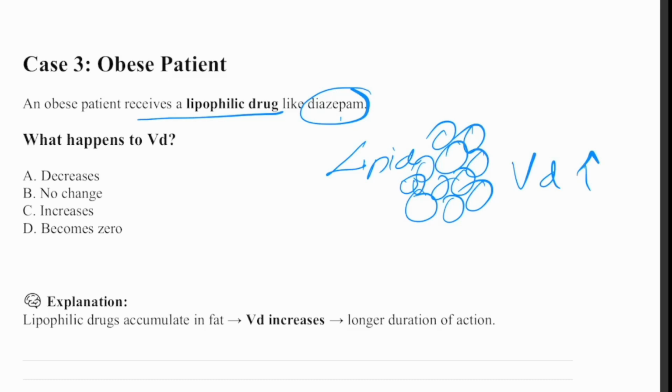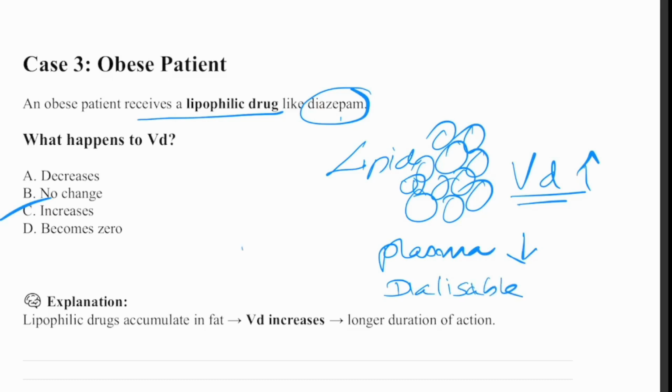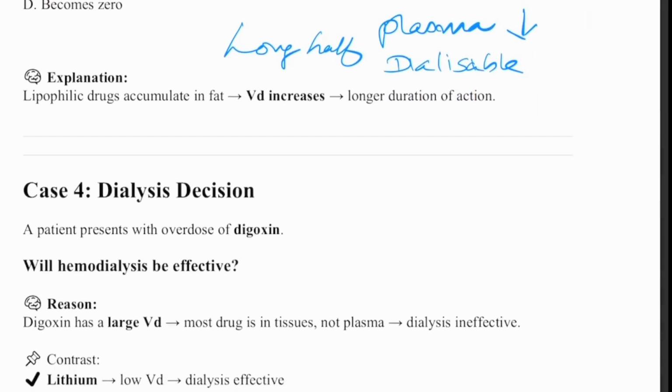So it accumulates in the fat, with more fat cells, and Vd is increased. So the correct answer is Vd increases. The plasma concentration of such drugs is low, they are not dialysable, and they also have a long half-life. These are the important points to be taken.